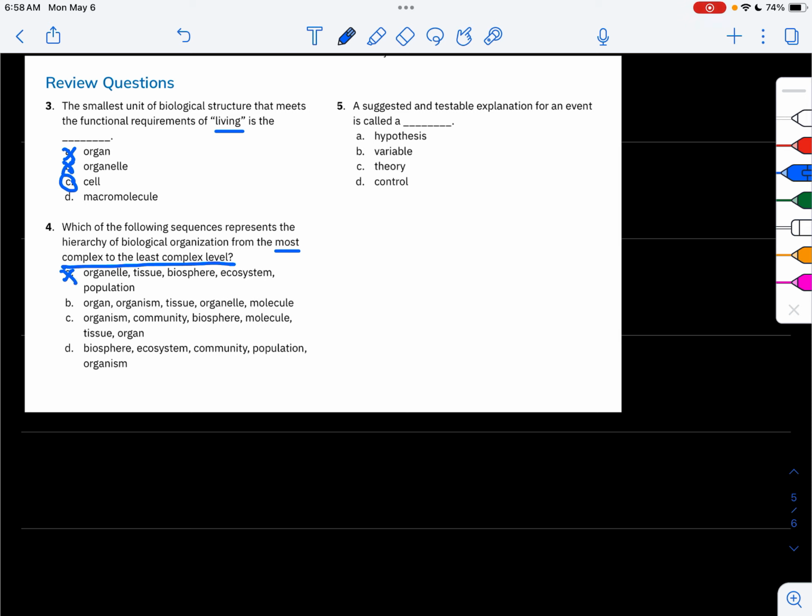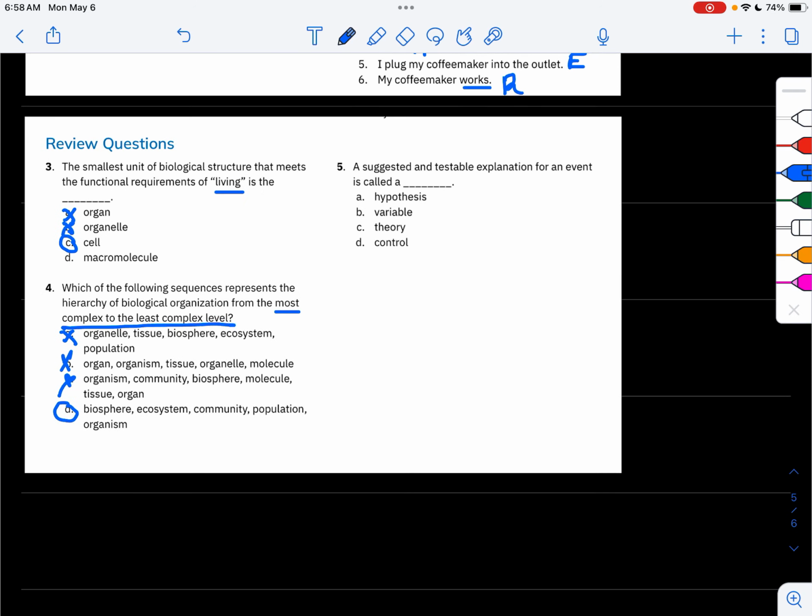Organ, organism, okay, we're off to a promising start. Tissue, organelle, molecule. Nope, not that one. Organism, community, biosphere, molecule, tissue, organ. Nope. That leaves D. Most complex is the biosphere. Remember, that is all living things. And then ecosystem, community, population, organism is the least complex level.